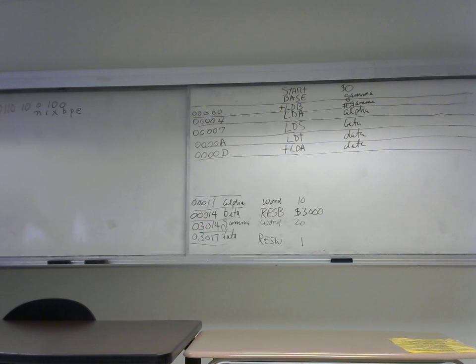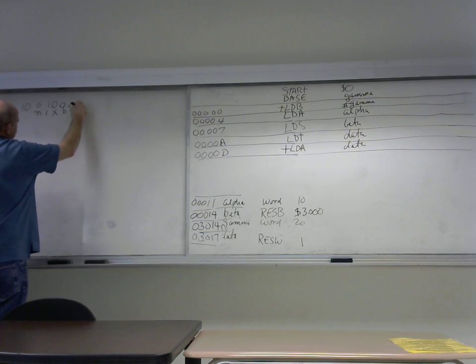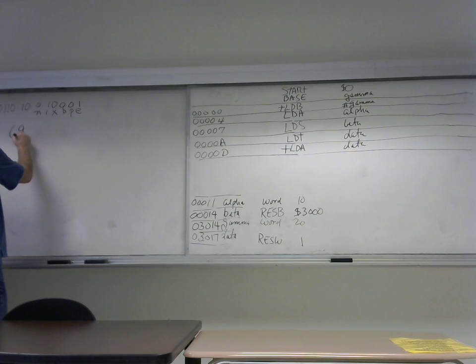Well, if it were format 3, would that work? No, you can't use the base register because you haven't loaded it. That's what you're doing right now. Once you're done with this, then you can, but you can't until you do this. Okay, base register's out. PC relative? No. Extended? Yes. Okay, so my digits are 6, 9, 1.